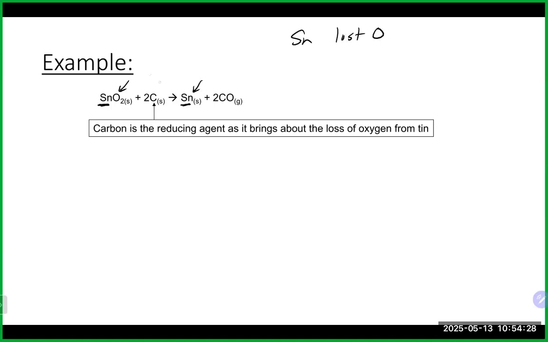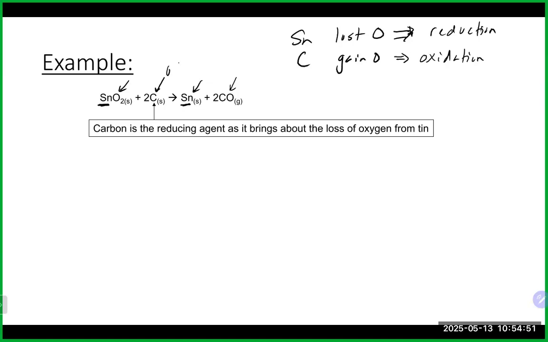And in terms of carbon, as you go from the left to the right, the carbon gained oxygen. Because the carbon gained oxygen, that is another definition of oxidation. And the tin lost oxygen, which is a definition of reduction.